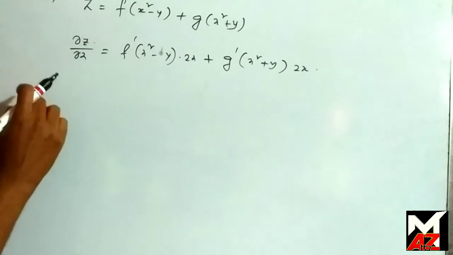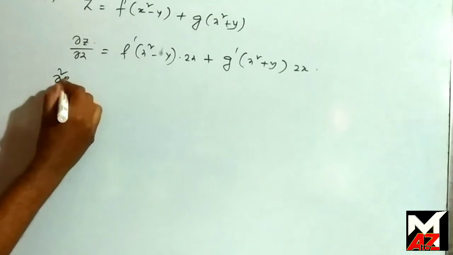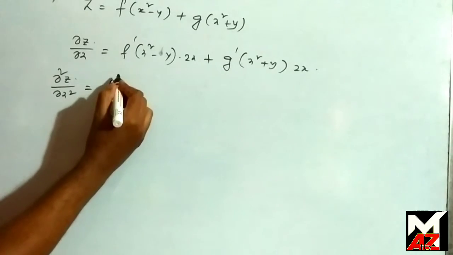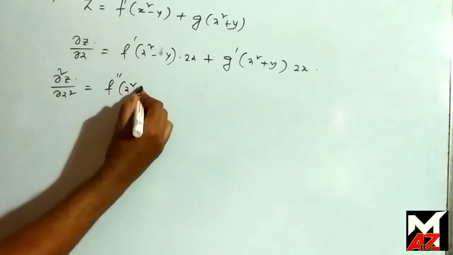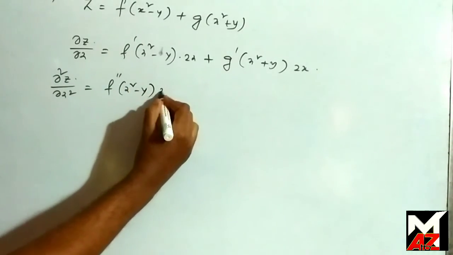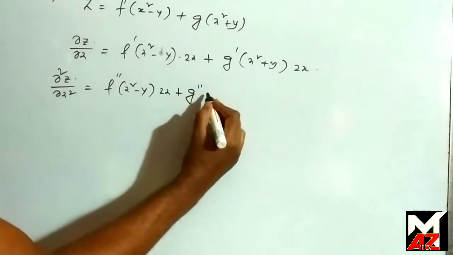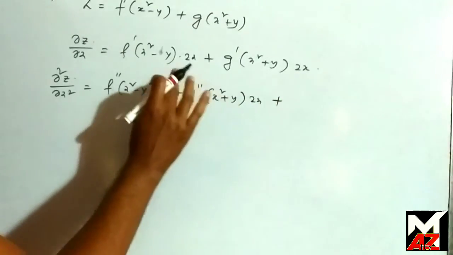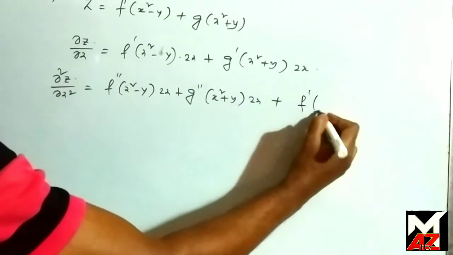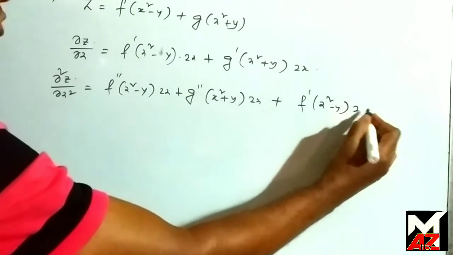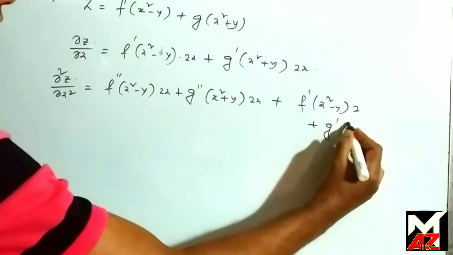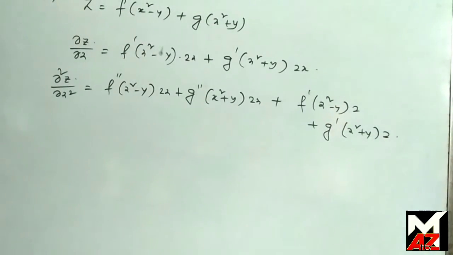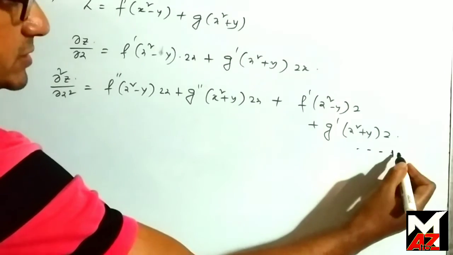We get del 2z by del x2 is equal to f double dash (x square minus y) into 2x plus g double dash (x square plus y) into 2x plus f dash (x square minus y) into 2 plus g dash (x square plus y) into 2, and this is named as 1.